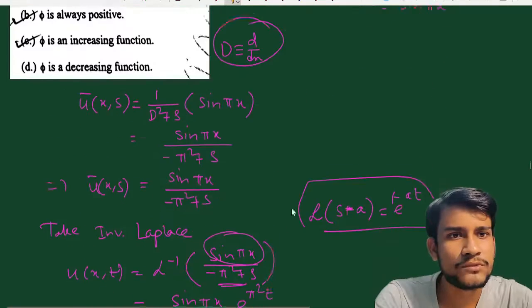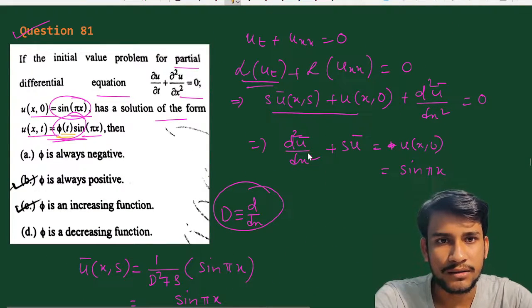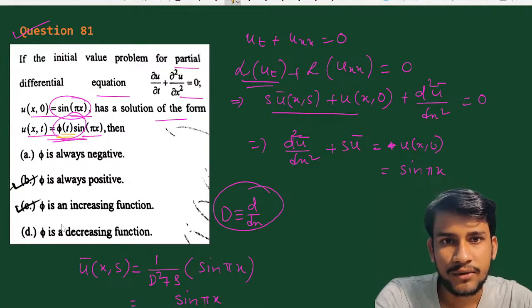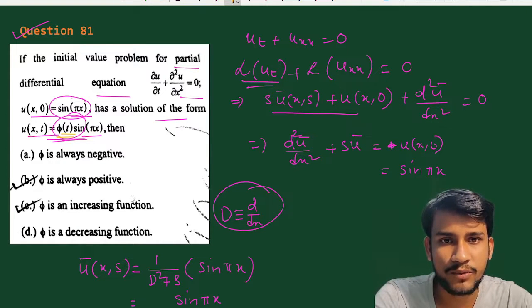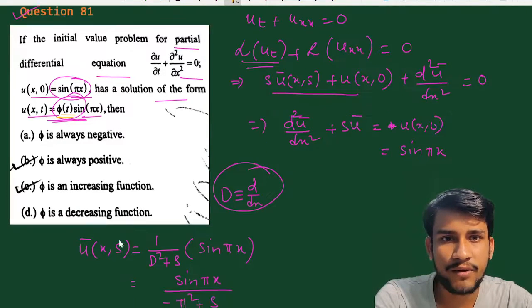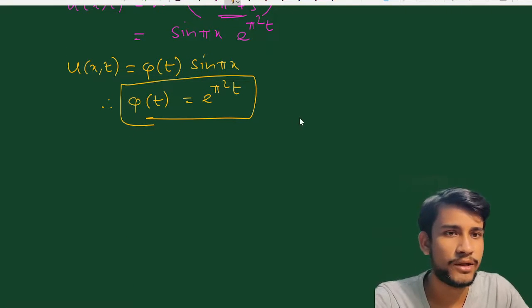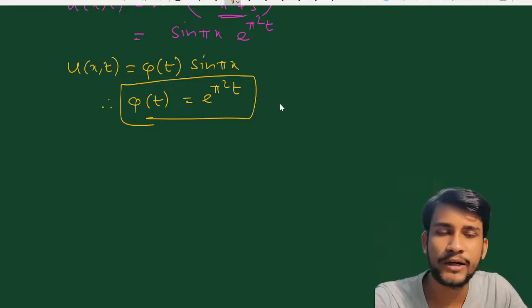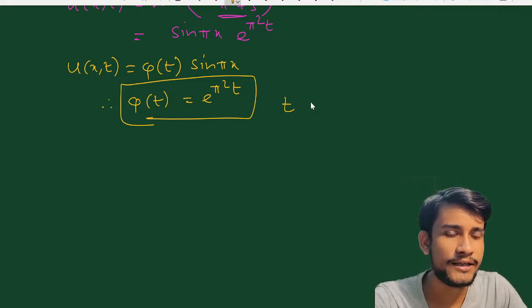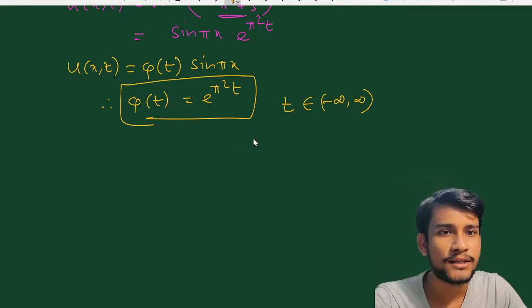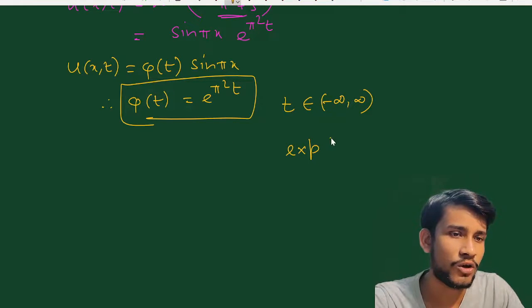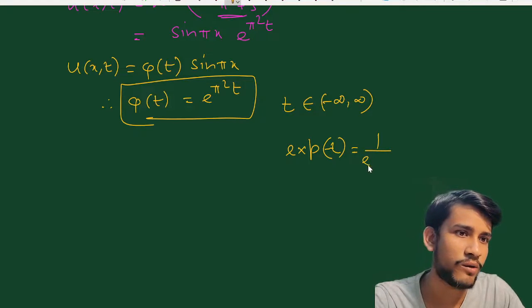Now we go to the problem again, and it is given that phi is always negative, phi is always positive, phi is increasing and phi is decreasing. Here, take any value of t, because phi(t) depends on only one variable, t. t belongs to minus infinity to plus infinity, any value. Then the exponential function is always positive, because with exponential minus something you get 1/e to the power, which is greater than 0 for any value of t.